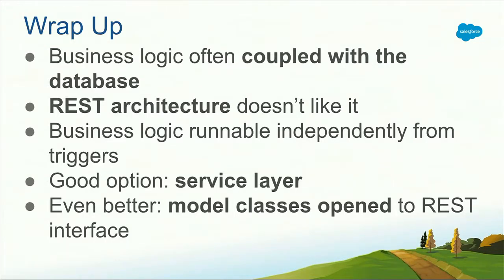The REST API doesn't really like it because the REST architecture is working with calls. So you send all your data at once, and you are getting all your result data at once. You cannot add more fields on the fly to a REST call because we don't really work with sessions when we are doing the REST protocol.